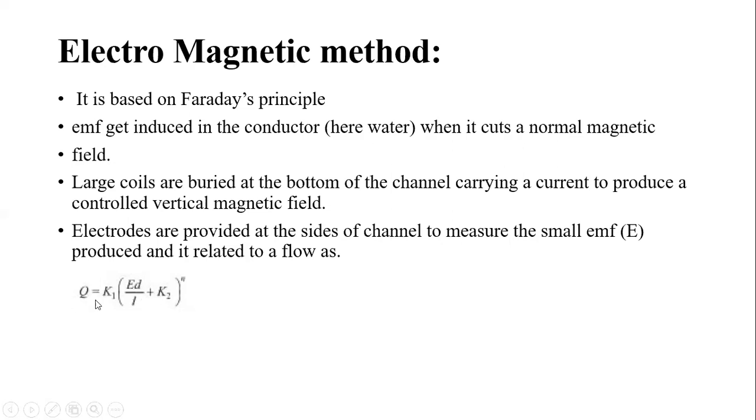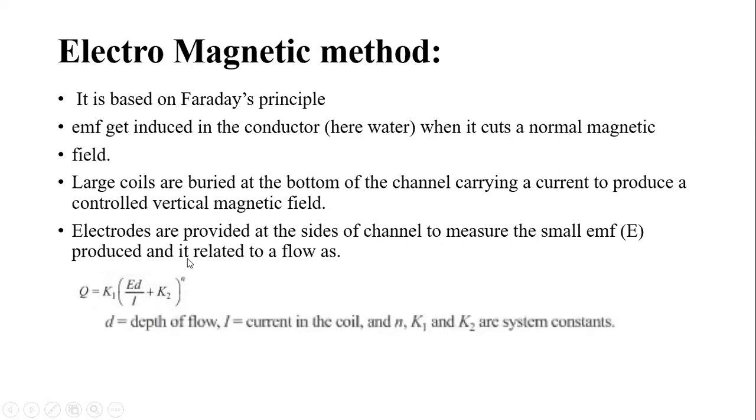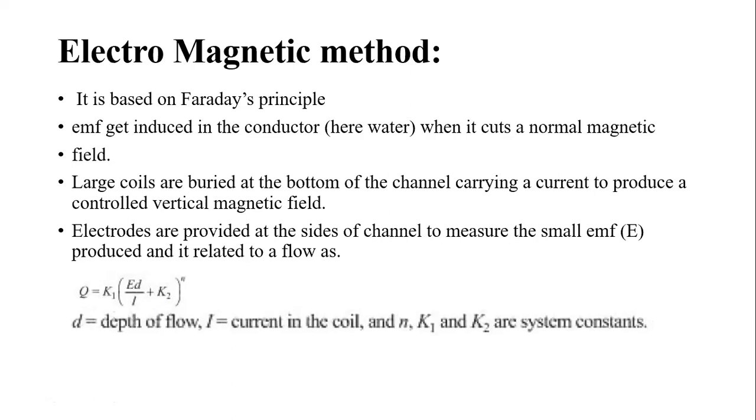K1, K2 and small n are constants. So the discharge Q is related to the electromotive force E, depth D and current I as Q = K1 times E into D by I plus K2 raised to n. The depth D is the depth of flow, I is the current in the coil, and n, K1, K2 are the system constants. Now we'll see how the mechanism works.